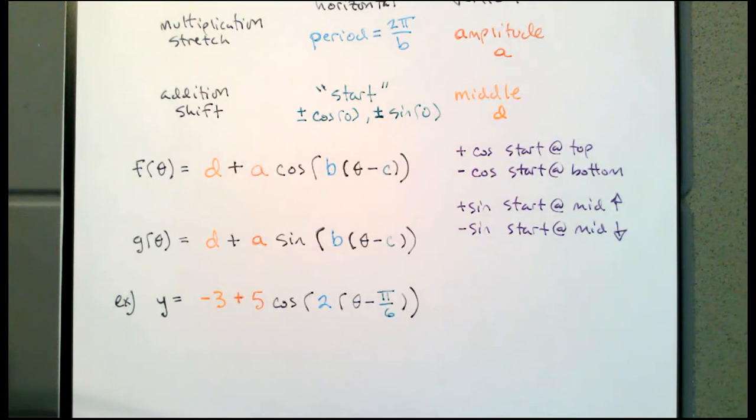We need to interpret what all these numbers are doing to our base model cosine of theta graph.